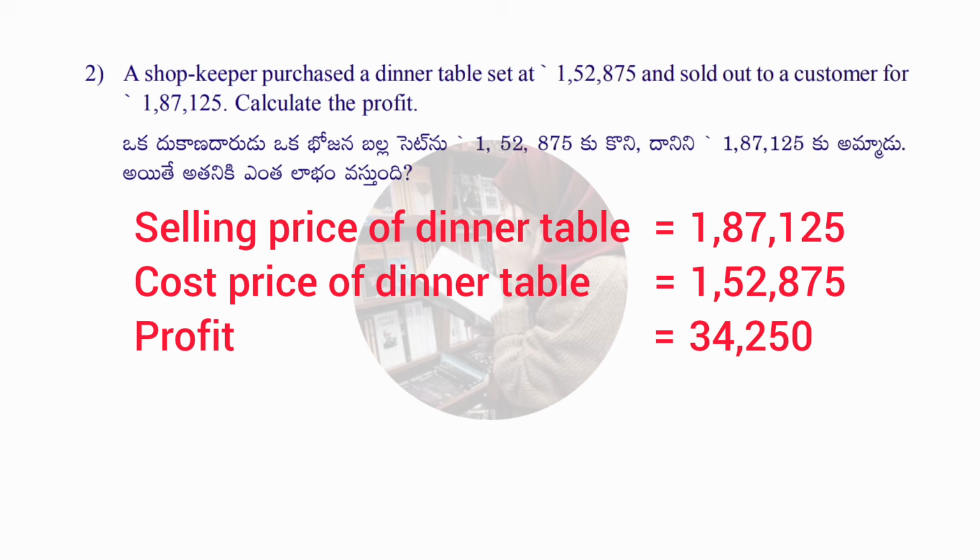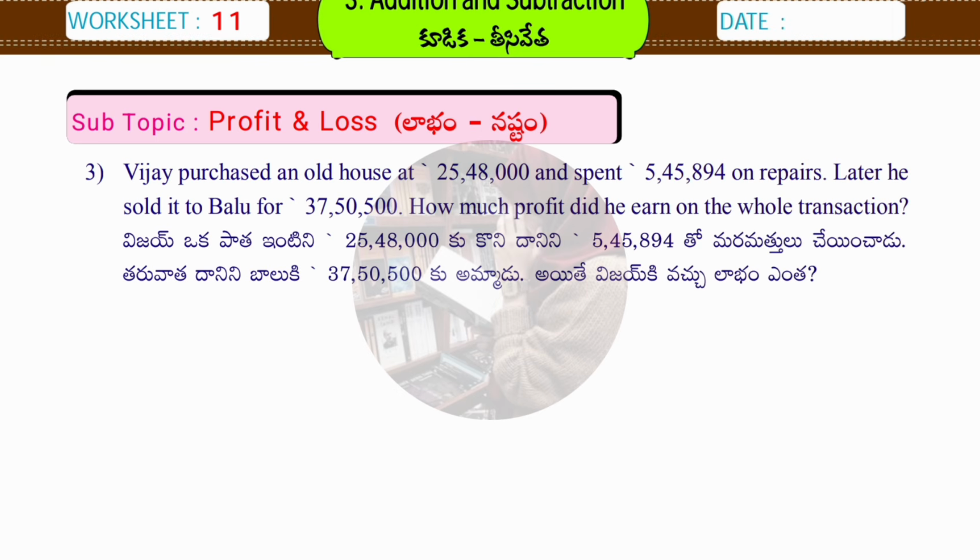Okay, then we'll move to the third question, which is, Vijay purchased an old house at 25,48,000 and spent 5,45,894 on repairs. Later he sold it to Balu for 37,50,500. How much profit did he earn on the whole transaction?